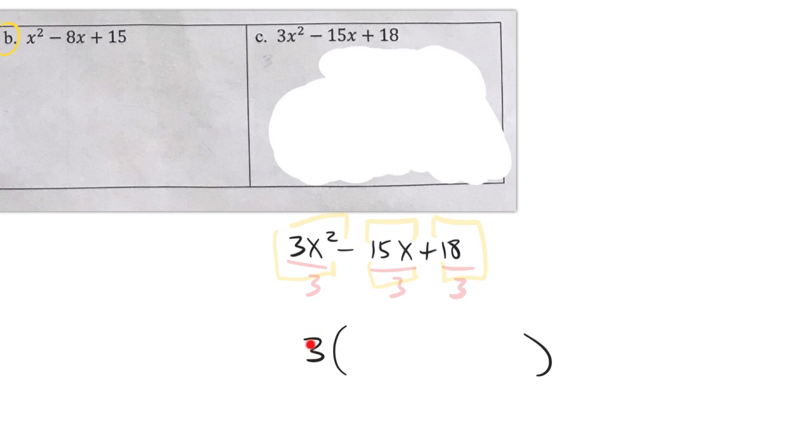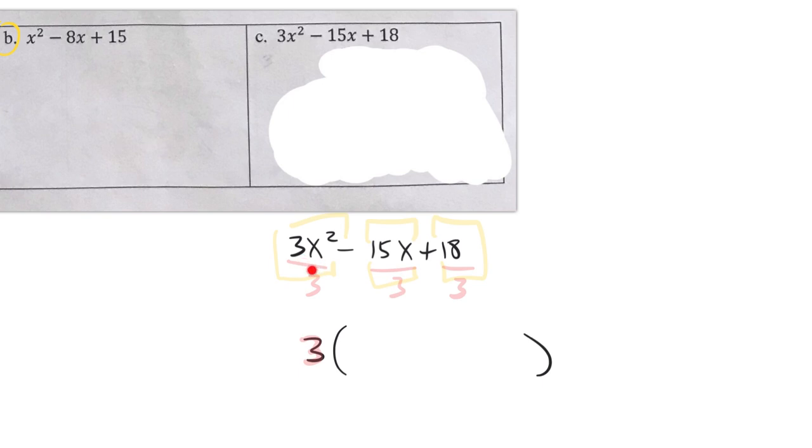And you leave that 3 there, okay, because that's the 3 that we had just divided everything by. You leave that 3 there, and then you rewrite the entire thing only inside the parentheses after having divided all of the terms by 3.